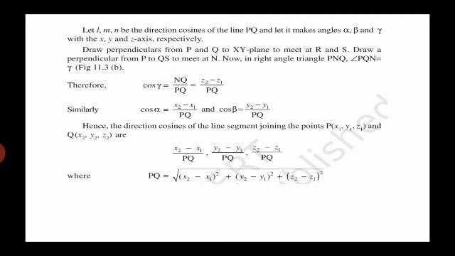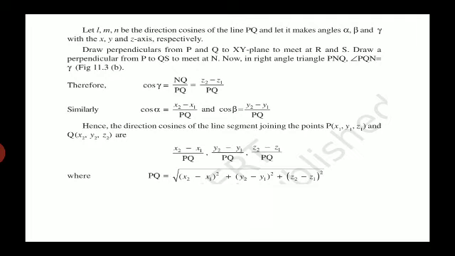Now in right angle triangle PQN, angle PQN equals gamma. It is very clear from diagram B. Therefore, cos gamma equals NQ by PQ. If you see from the diagram, NQ is nothing but z2 minus z1. Similarly, we can show cos alpha equals x2 minus x1 by PQ, cos beta equals y2 minus y1 by PQ.